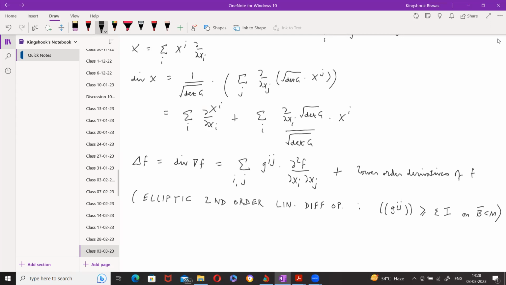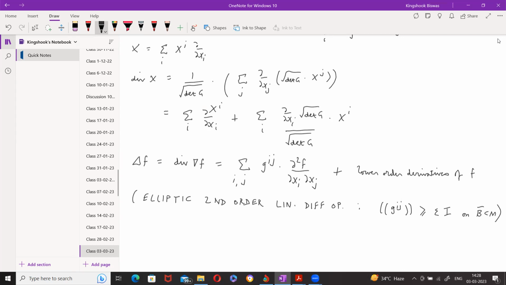Okay. So if the whole manifold is compact, then it will be elliptic on the whole manifold.